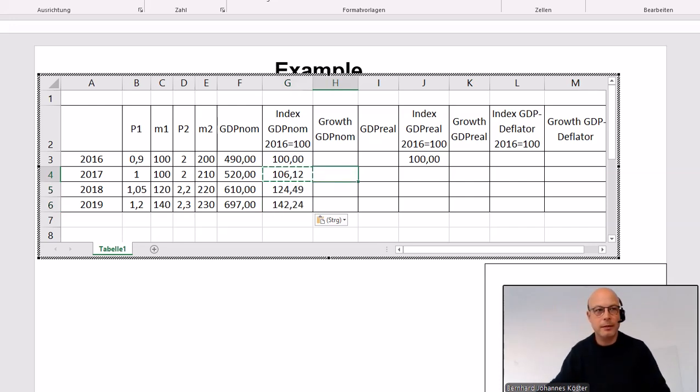And then of course we are interested in the growth rates. Maybe the first one, funny question: what would be the growth rate, nominal growth rate in 2016?